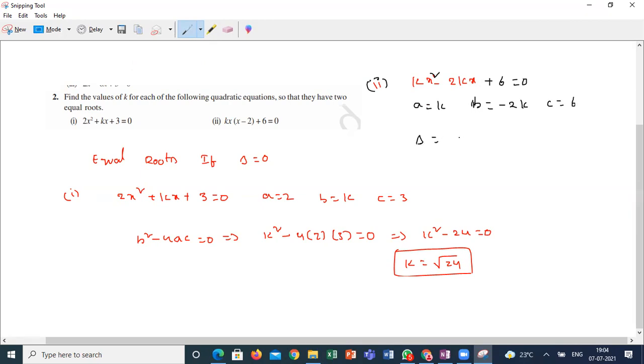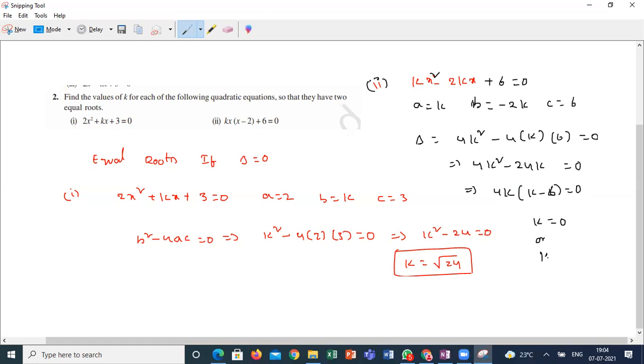So my delta is equal to 4k square minus 4 into k into 6. This will be 4k square minus 24k is equal to 0. Taking 4k common, k minus 6 is equal to 0, where k is equal to 0 or k is equal to 6, which is the possible answer for the second question, guys.